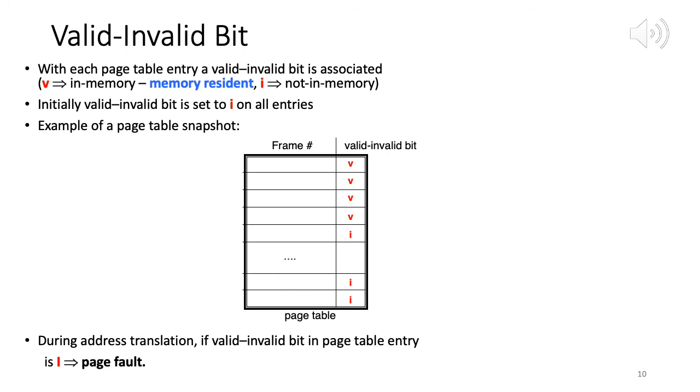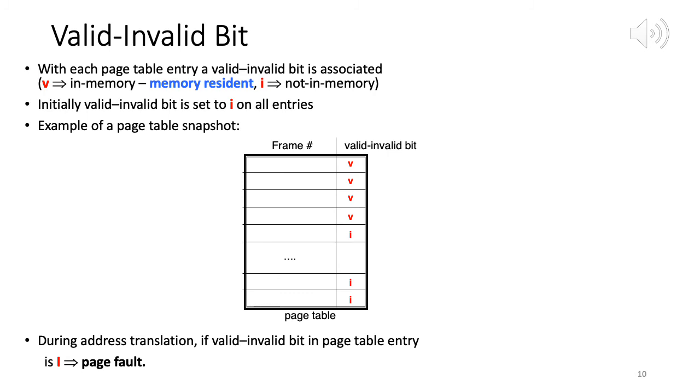Now, when you're accessing page by page, you check the valid invalid bit for that page. If the answer is V, that page is in memory, so go to the page table, get the physical address, and execute. If the valid invalid bit is I, the page is not in memory.